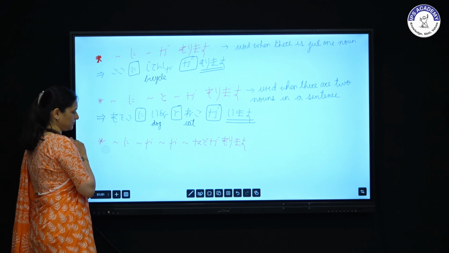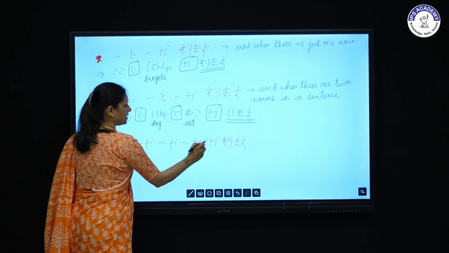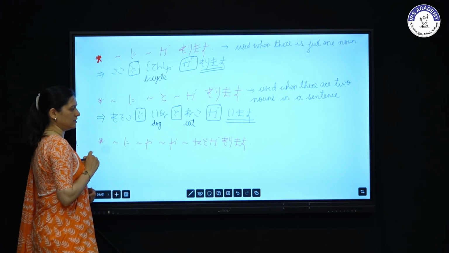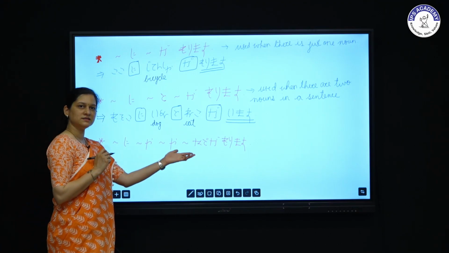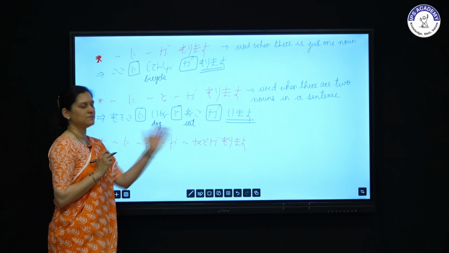The next one, ni ya nado ga arimasu. For non-living things, arimasu. For living things, we'll use imasu.